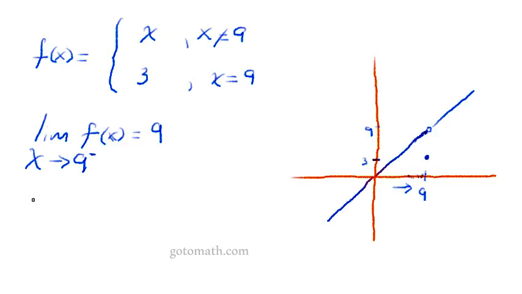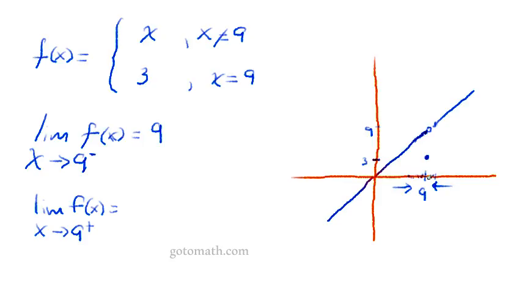Now, if we were to ask about the right side, because we're going to answer something about continuity in just a second. What is this? Well, we're coming in from the right-hand side, and as you can see, for each x value we get a y value on the line up here.